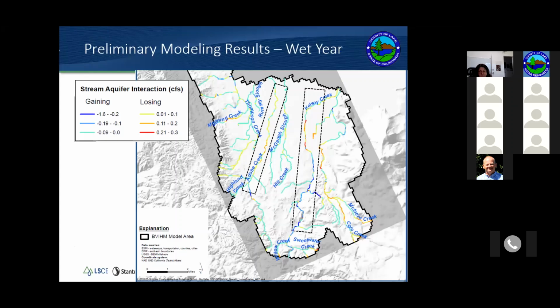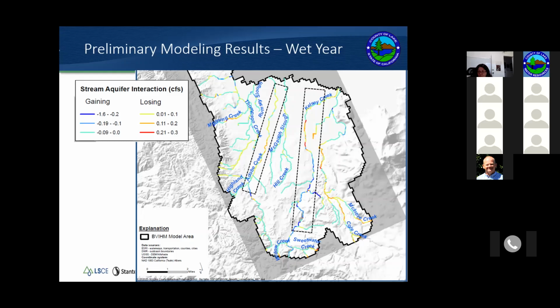To augment the data sets that we had based on the monitoring, as you're all aware, we have been developing the groundwater model for the area. The groundwater model is an integrated model, so it does account for the surface water, a very important component, all the flows going in the creeks.